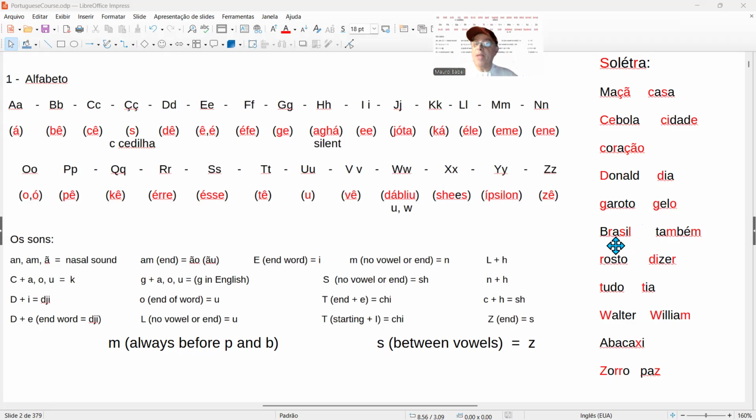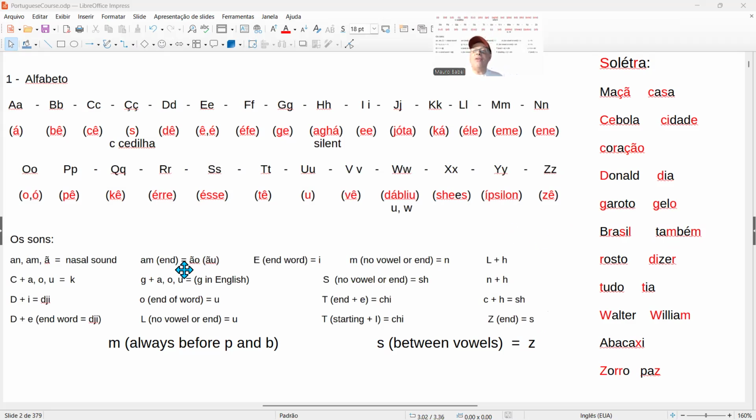Now, B-R-A. Is it bra or bra? Bra. Right? Look at the S. The S is between two vowels, so what is the sound? Z. Perfect. Brasil.